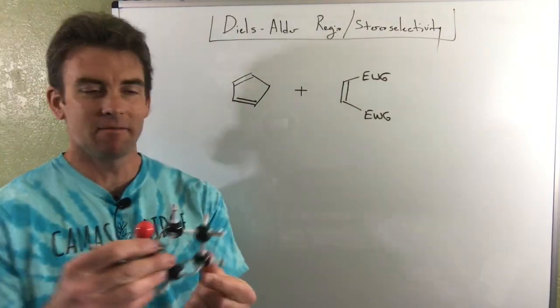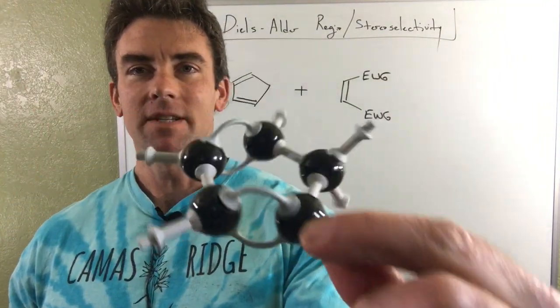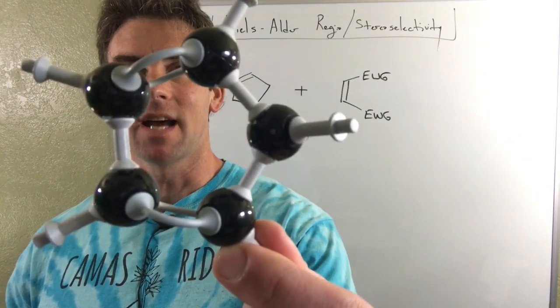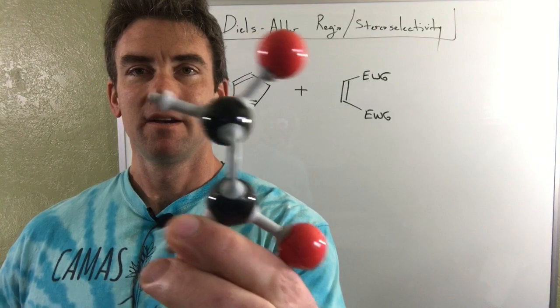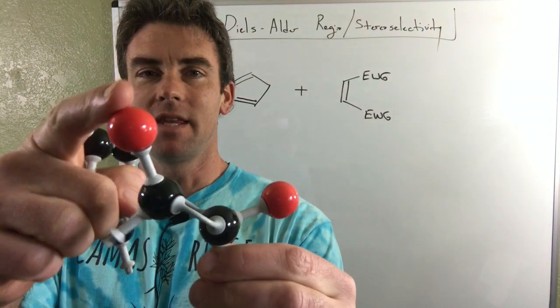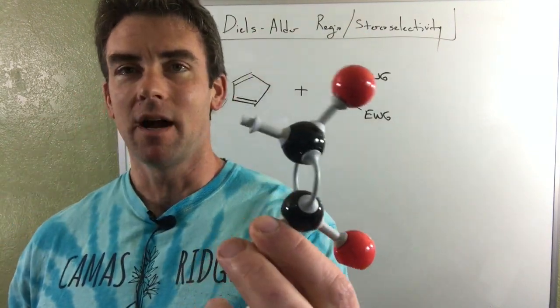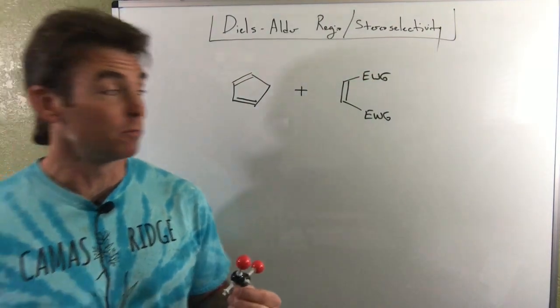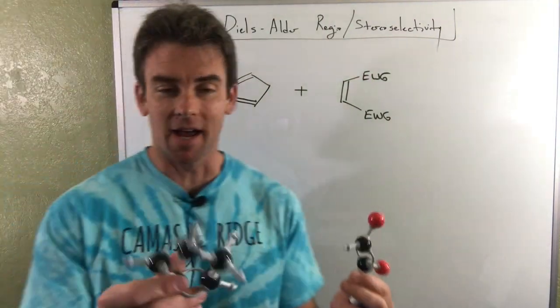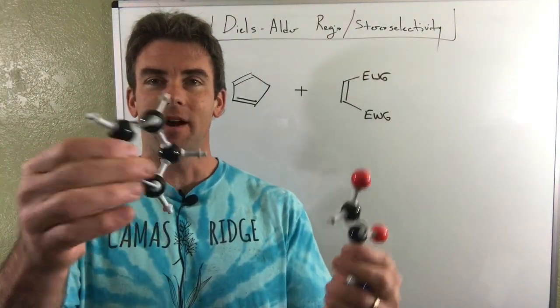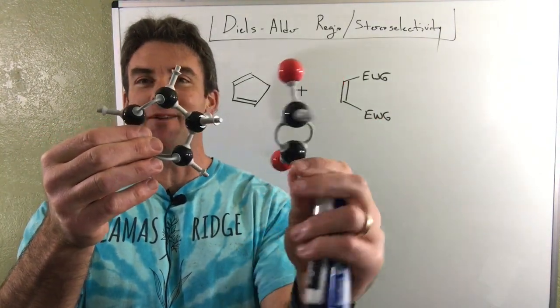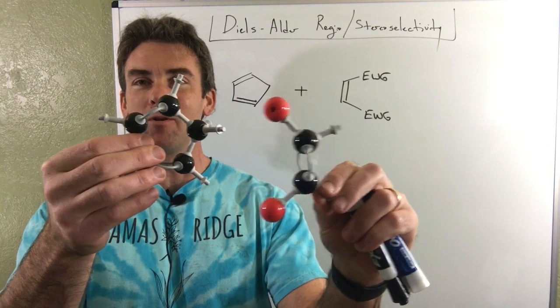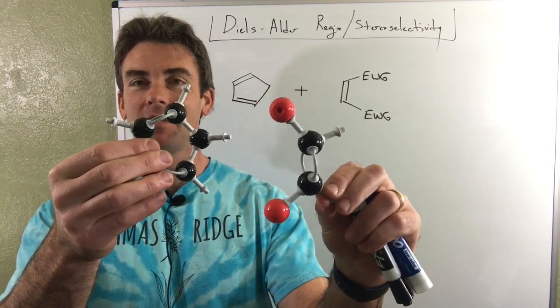What I have here is this cyclopentadiene, and then this generalized dienophile, where these red spheres represent electron withdrawing groups. Keep in mind that with our Pac-Man, we always have to put the meat in the sandwich. Those electron withdrawing groups need to go towards Pac-Man's mouth.